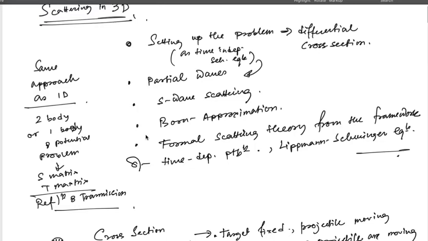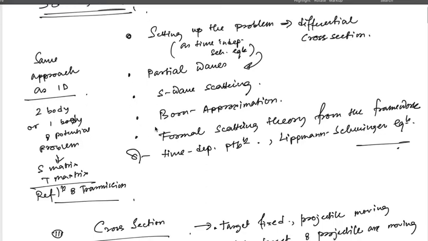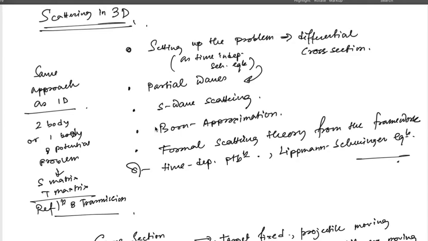Okay, so with that plan, let's remind ourselves of what we did in 1D. If you remember, in 1D problems we discussed the S matrix and T matrix formalism, and we described everything in terms of reflection and transmission. And that is indeed the only two possibilities in 1D.